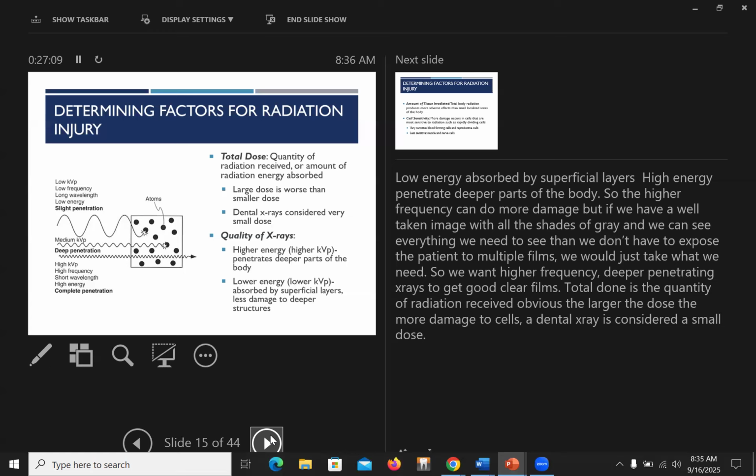All of this weak radiation is still going to cause damage, and you're going to expose them to this weak, not very helpful radiation that is still strong enough to cause cellular damage, but it's not going to give you a really good picture. So we would rather have high energy, deeply penetrating X-ray photons that get through the teeth, get through the cheek muscle, get to the sensor and give us a good picture, in a very low dose but with high penetrating power. So that's our goal.